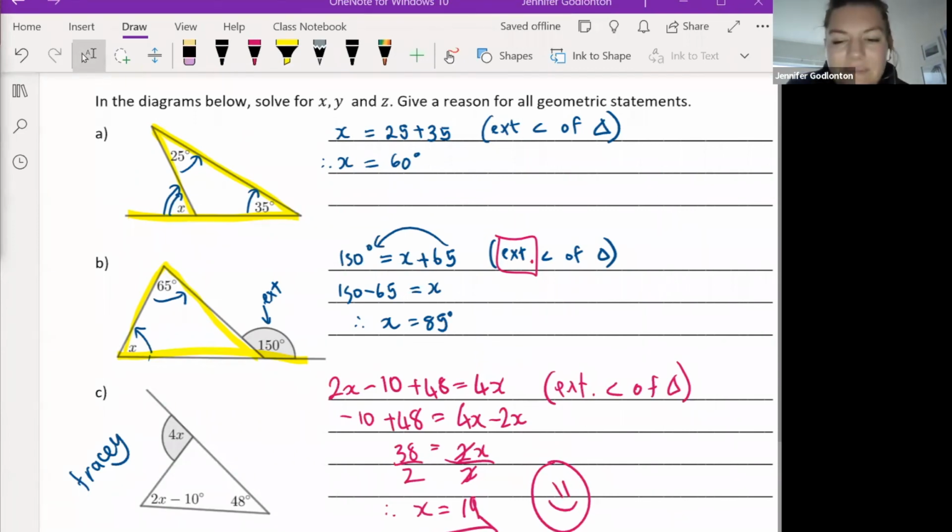Yes, ma'am. So technically, I did the right thing, but with the wrong numbers. Ma'am, where it says 48, I put 58.